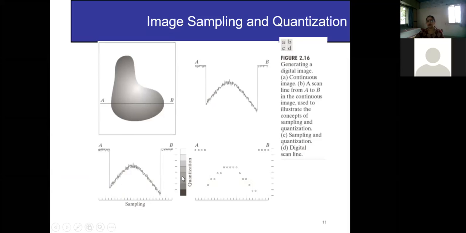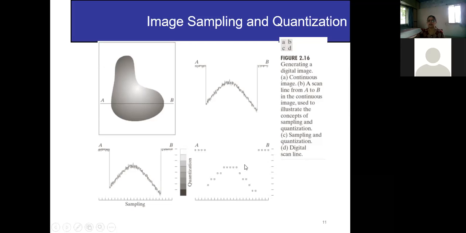And after quantization, the amplitude of the image or gray levels of the image are quantized, and because of discretization, we can represent them using digital techniques. We can represent them in terms of bits. So this is your sampled and quantized signal.